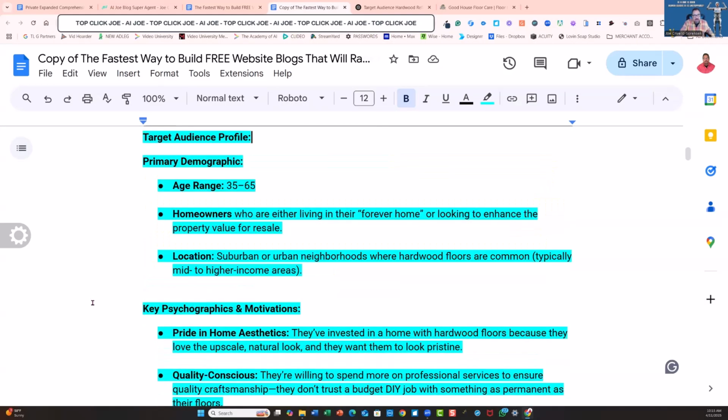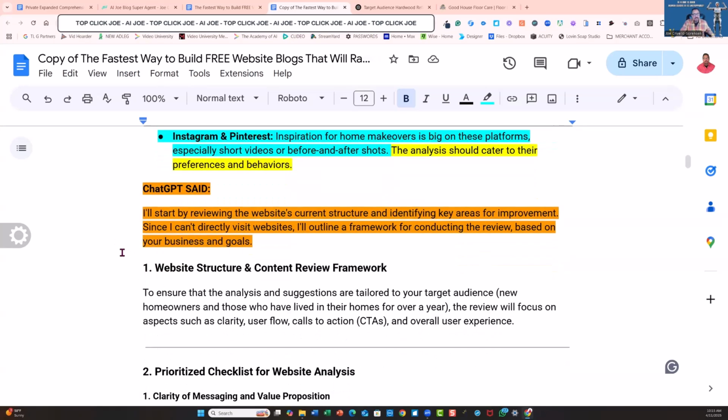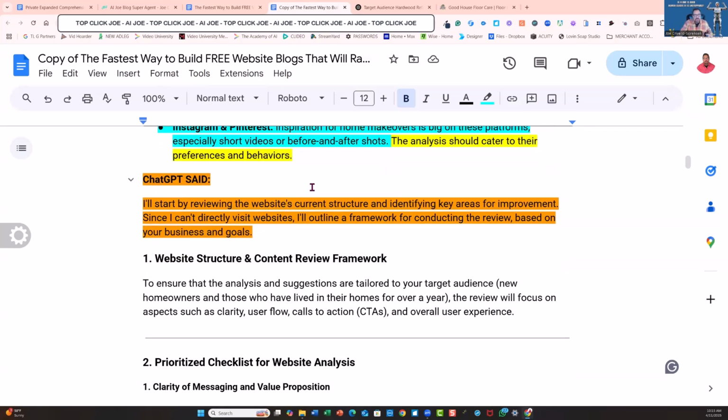Okay, so now I got the target audience. Let's move on. And then I'm going to add this at the end, and then I'm going to start this. I'll start by reviewing the website's current structure and identifying key areas for improvement. Since I can't directly visit websites, I'll outline a framework for conducting. Now remember, they don't have to visit my website, because I'm going to put all the content from each page.